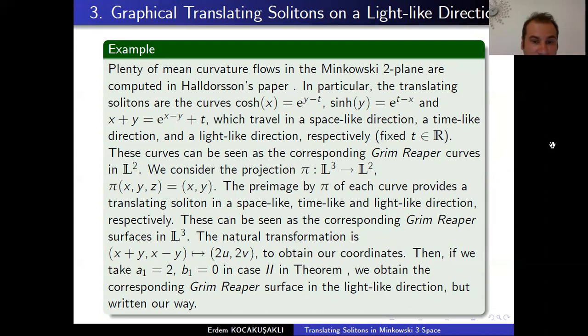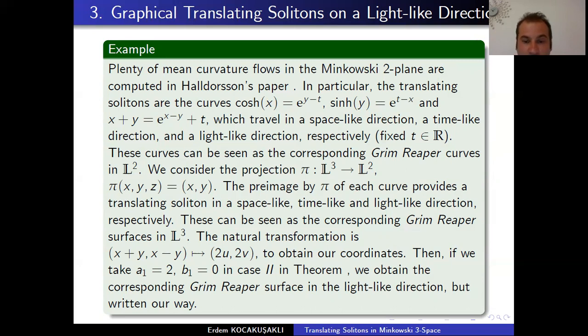If we consider the projection pi, the preimage by pi of each curve provides a translating soliton in the space-like, time-like, and light-like direction, respectively. This can be seen as the corresponding Grim Reaper surfaces in three-dimensional Minkowski space.